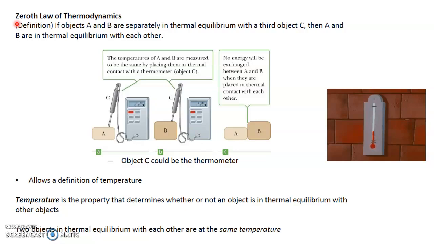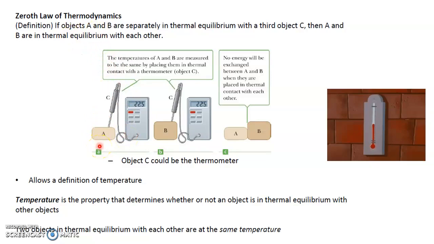We learn the zeroth law of thermodynamics to give a new definition to the temperature. Before this, you may have learned the temperature as a quantity that shows the degree of coldness or hotness of an object. Before we take a look at the new definition, we're firstly going to define the zeroth law of thermodynamics. We can refer to this diagram for further understanding.